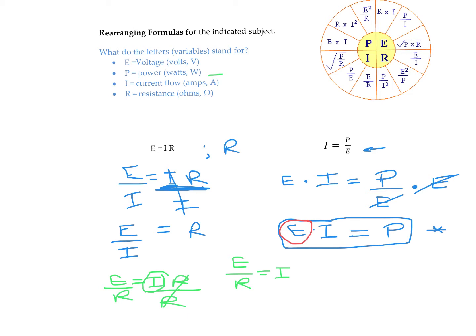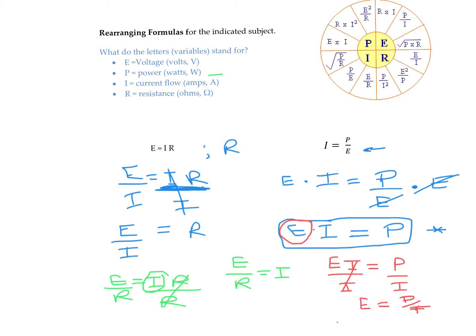In this case, you're going to want to get rid of the I. So if I divide, I'll rewrite my formula. E times I equals P. Dividing both sides by I, I'm left with a new formula that states that E, electromotive force, or the volts, is found by taking power and dividing by the current, P over I.